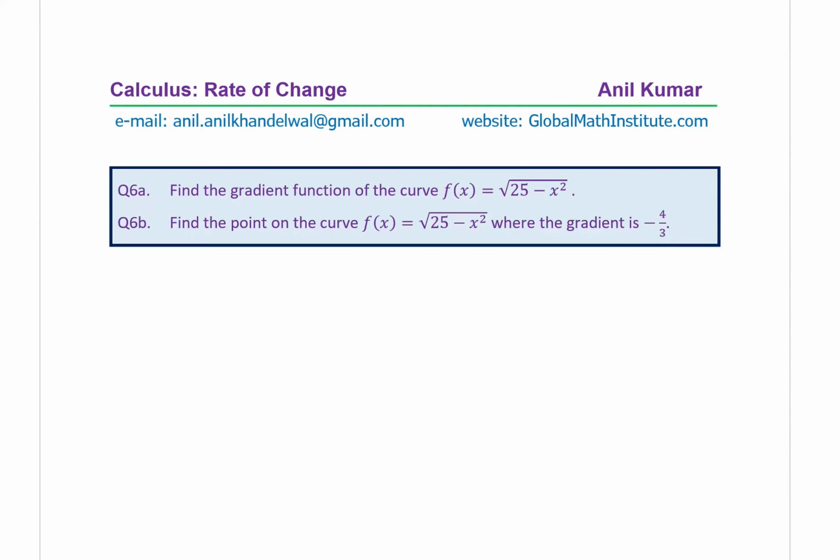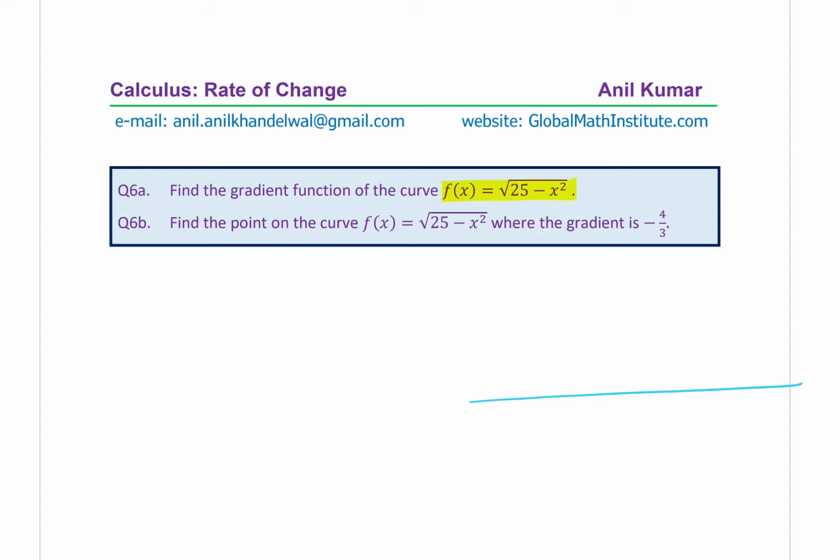The next question, which is question number 6, is again a very important example. We are saying find the gradient function for the curve f of x equals 25 minus x squared. Now, can you sketch this function? How will this function look? That's important to understand, right?